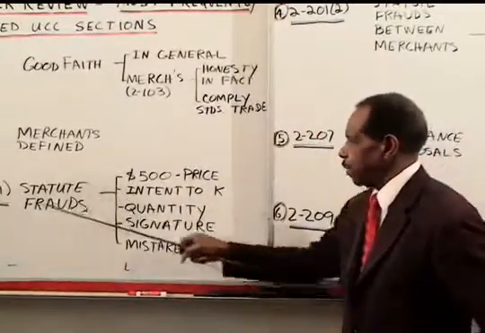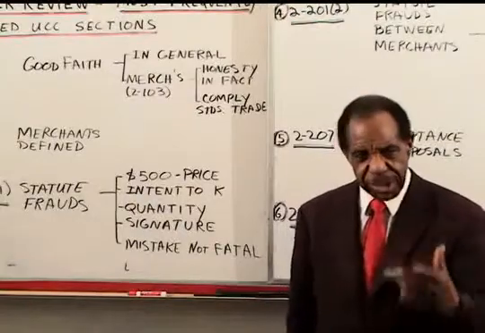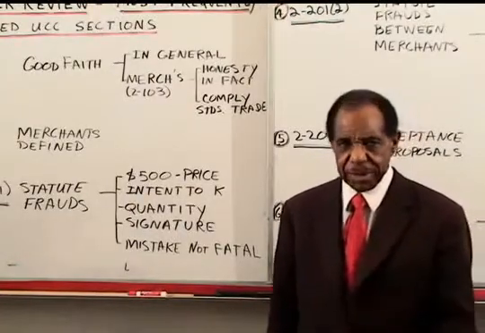Secondly, the statute of frauds at 2-201 subsection 1 provides that the writing needs to show at least that the parties intended to contract. The writing must show the quantity. It needs a signature or anything that's acceptable as a replacement for a signature. And mistakes are not fatal. A writing can still satisfy the statute of frauds even if it's got a mistake in it.